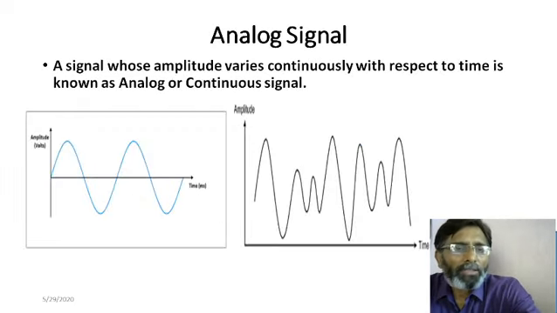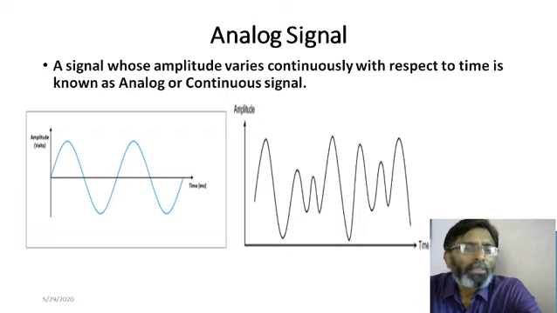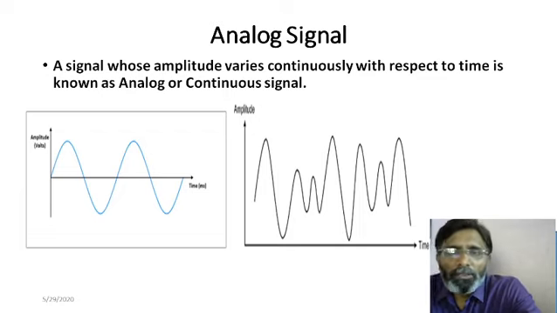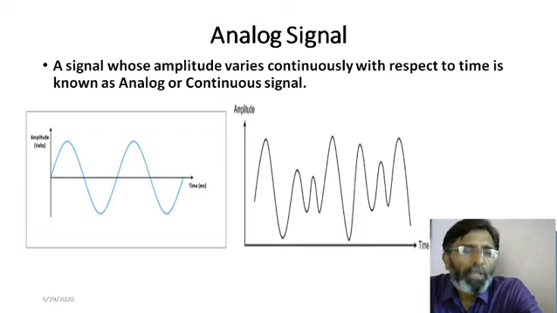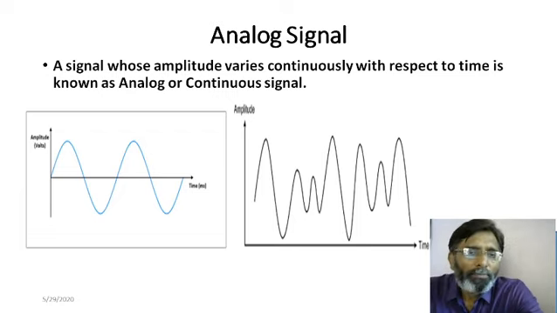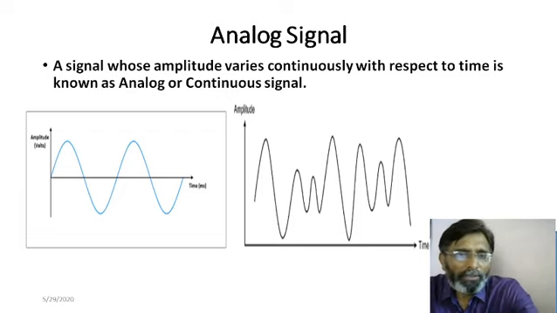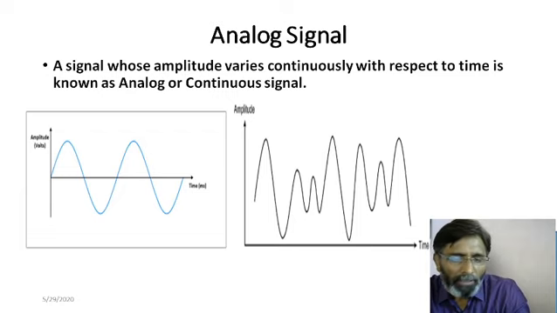Now, let us see what is analog signal. It is a signal whose amplitude varies continuously with respect to time, known as the continuous signal or analog signal. Here we have shown for your reference two signals.